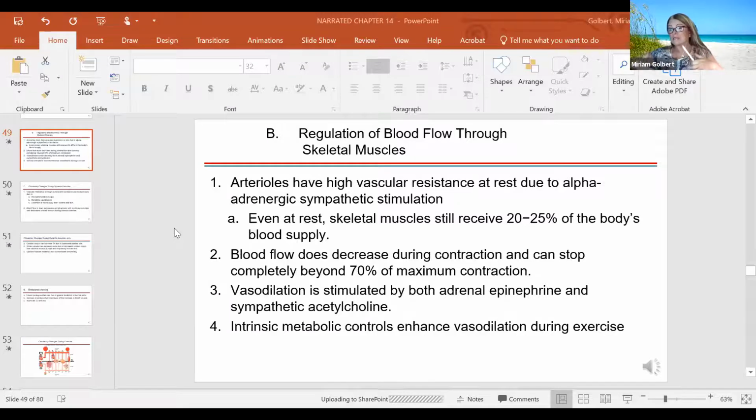So when you're exercising, you have some epinephrine, right? It's the euphoria of the exercise, and that allows for a little vasodilation to the skeletal muscle arterioles so that they can have more blood flow to bring more oxygen to continue doing muscle contraction.